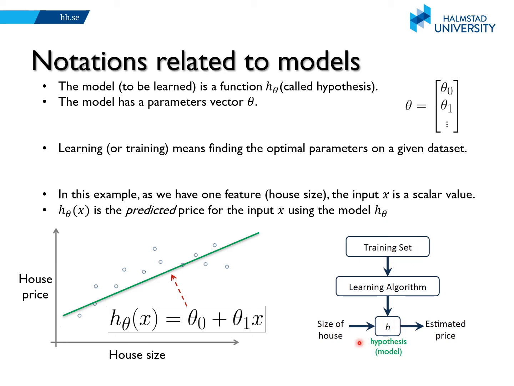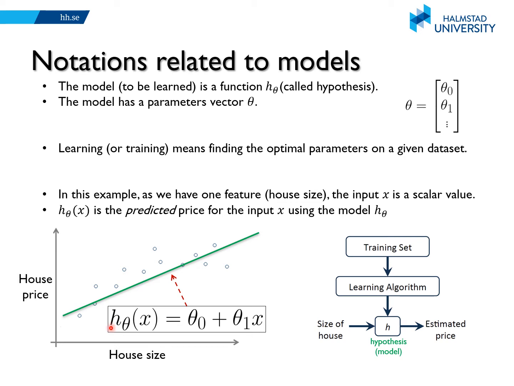Once you get this model, you can feed new data and it gives you the estimated or predicted output. For example, here we have houses characterized by just one feature, the size. So the input x is a one-dimensional vector or just a scalar value.